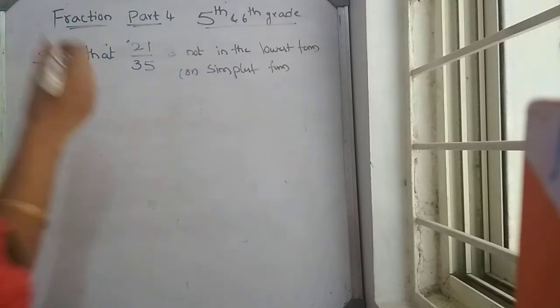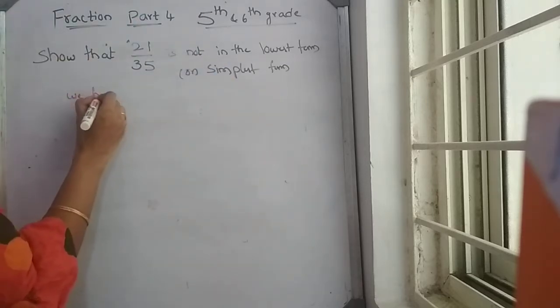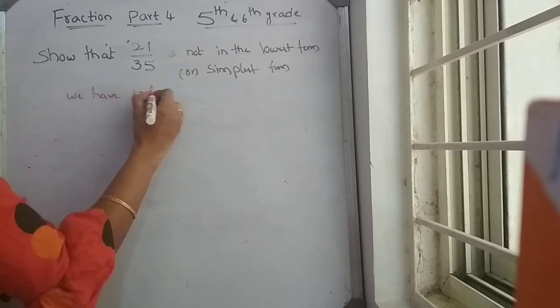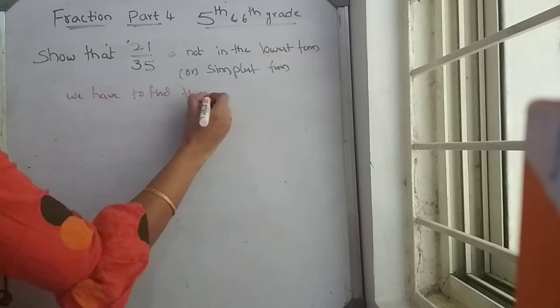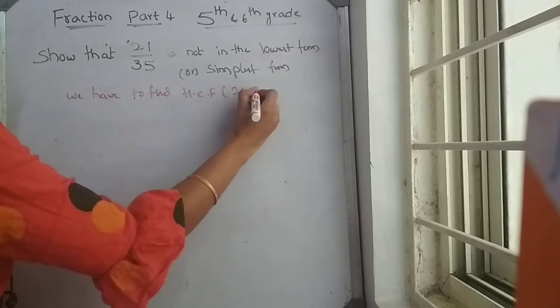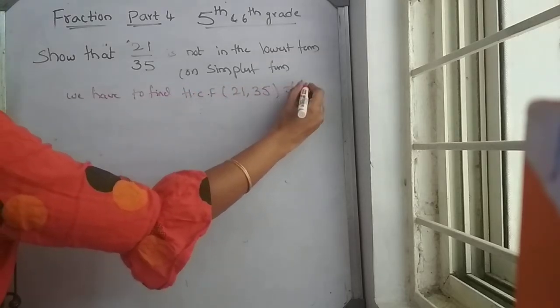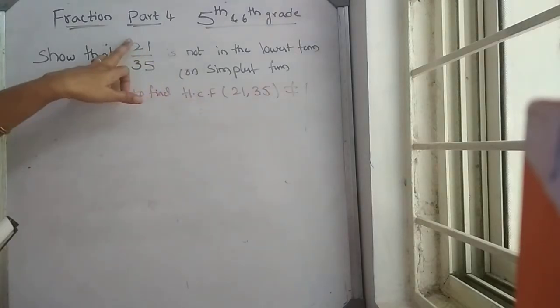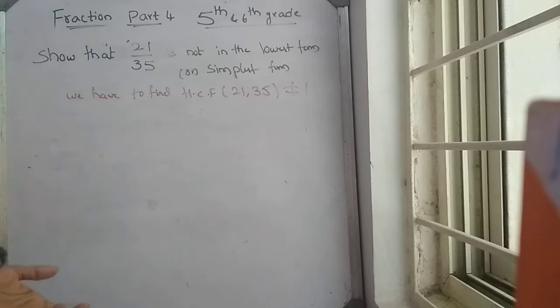what we do here is we have to find that HCF of 21 comma 35 is not equal to 1. That means this numerator and denominator have more common factors.